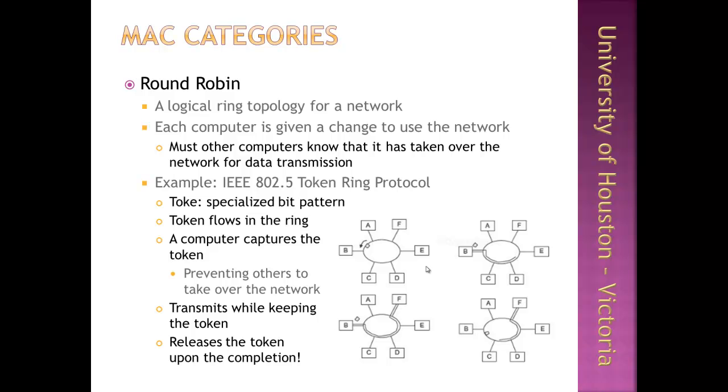And when the network is in a state of transmission, a token will be detected by a node. The node will seize control of the token, therefore disabling all the other nodes from being able to transmit data, and then it will be able to transmit its own data.